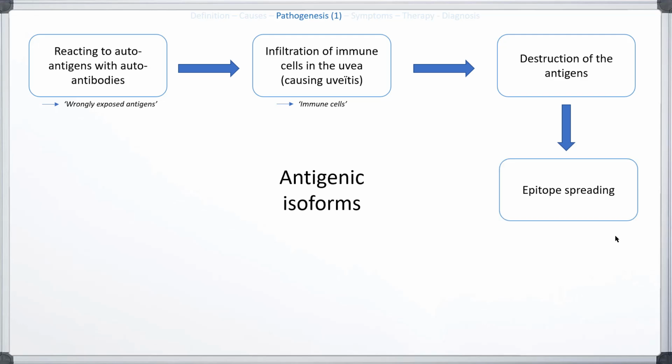But because of the epitope spreading, a new antigen will be attacked, causing a new episode of uveitis. So epitope spreading means that a new antigen will be attacked by autoantibodies. Auto meaning yourself. This will result in uveitis recurring in episodes.